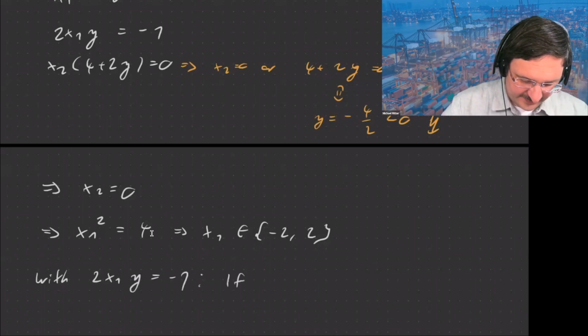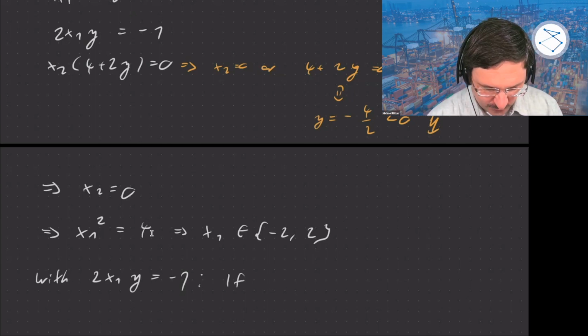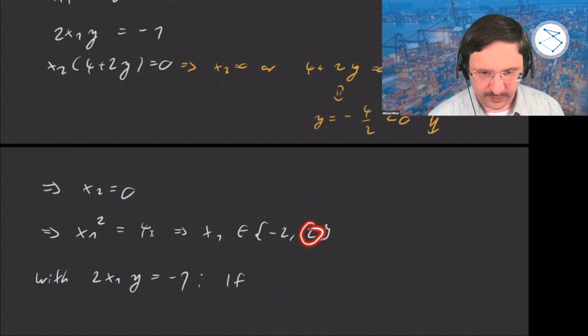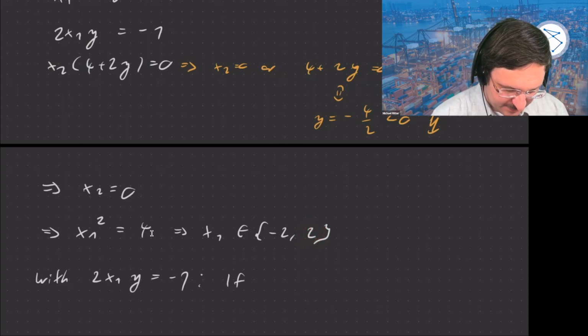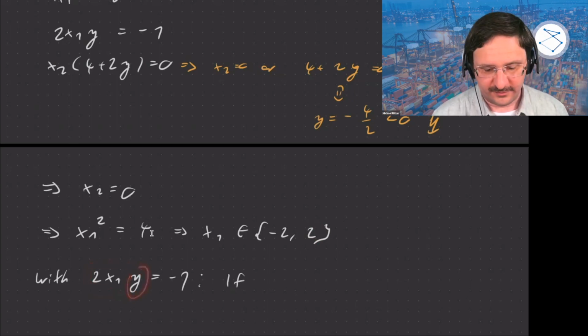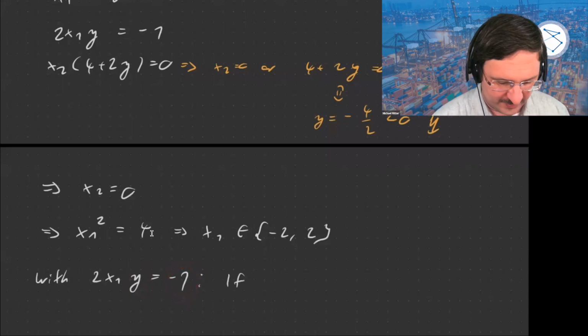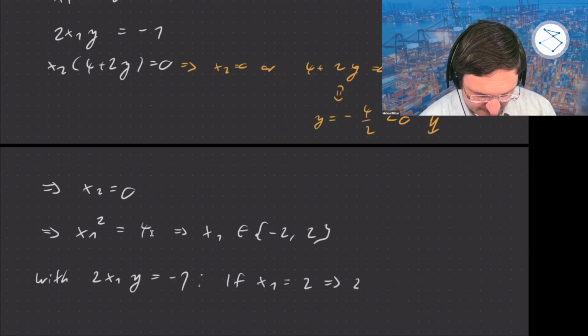And let's see. If x1 would be +2, the positive solution, then that means this left-hand side would also be positive because y is positive. So it cannot be -1. So we can exclude that case, right? So if x1 is 2, that means 2x1y is positive.